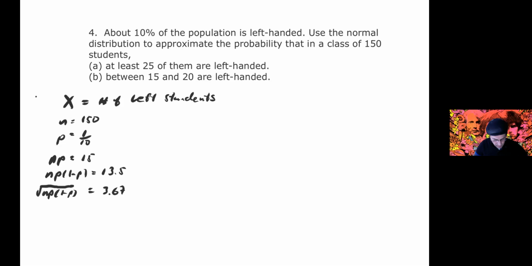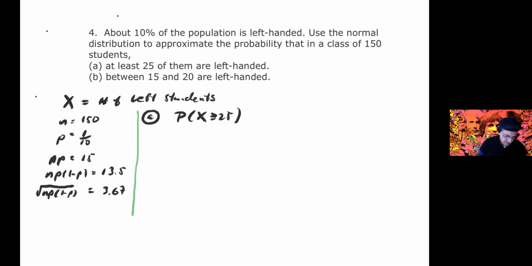So in the first part of the problem, part A, we're asked to approximate the probability that at least 25 are left-handed.